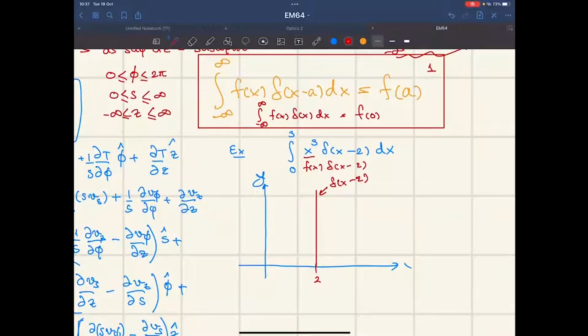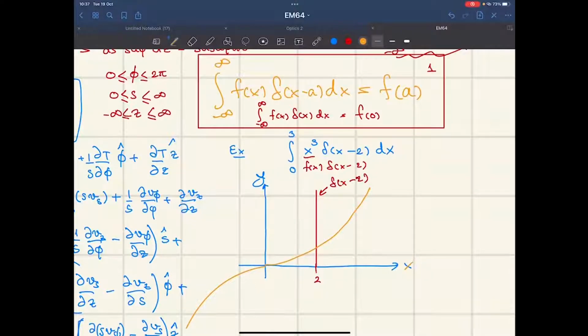Let me use the orange. Our f(x) is like that. But if you go in the other direction, it's like that. But we only consider the positive side, in the first quadrant.